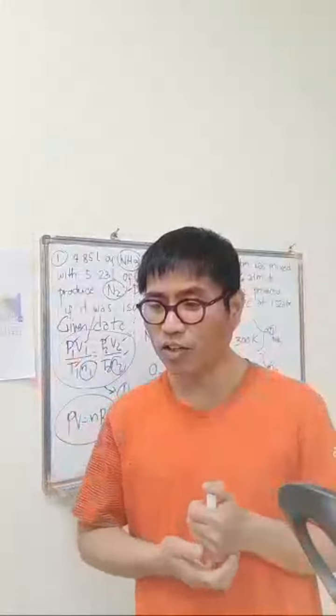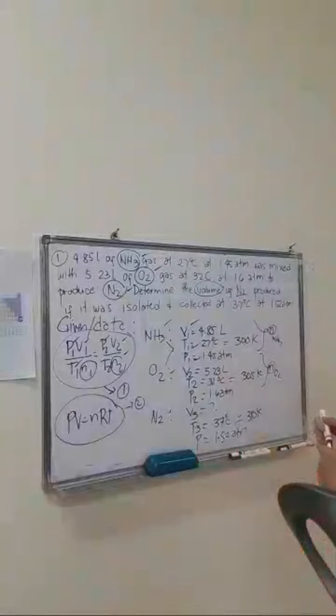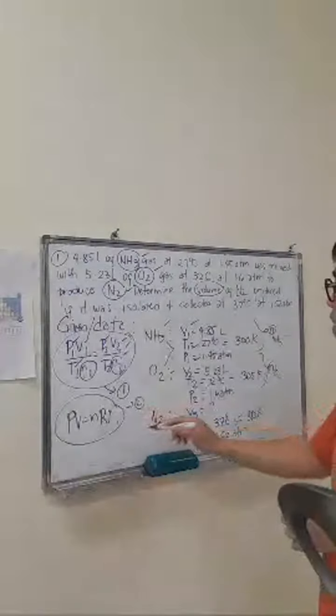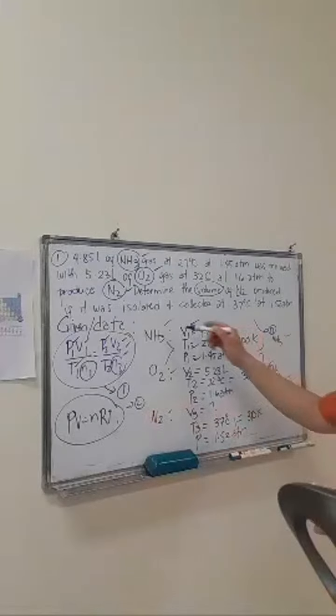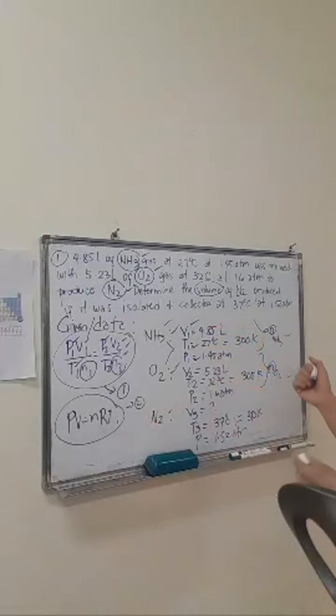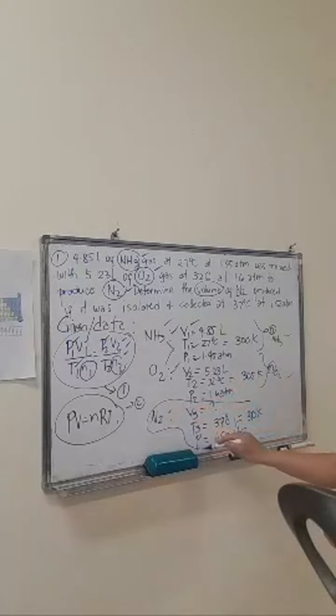So we need to compute the number of moles of ammonia, and also the number of moles of oxygen gas. Either we can use this combined gas law equation, or we can use PV = nRT individually for ammonia and oxygen gas, and get the number of moles of each. And later on, we can use that for N2 here. You get the point?